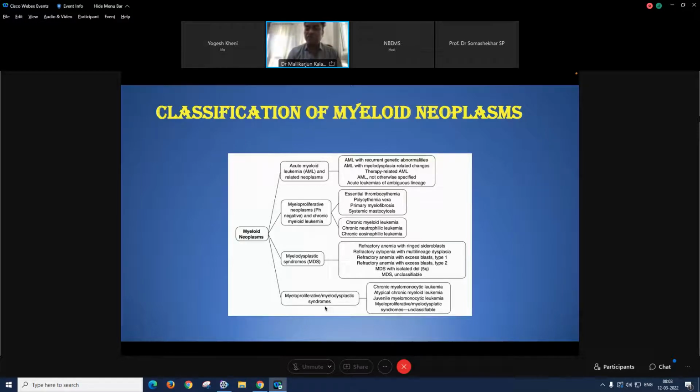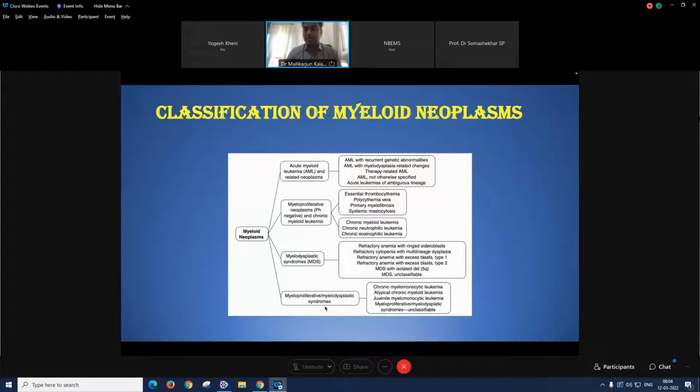Myeloproliferative disorders which are BCR-ABL positive are categorized as chronic myeloid leukemia, and those are treated distinctly with tyrosine kinase inhibitors, whereas the other myeloproliferative neoplasms, which are Philadelphia negative, classically are essential thrombocythemia, polycythemia, primary myelofibrosis, and systemic mastocytosis, and the treatment of those disorders is different. And perhaps the outcomes of Philadelphia positive chronic myeloid leukemia are much better now because we have targeted therapy with tyrosine kinase inhibitors like imatinib, nilotinib, dasatinib, and ponatinib.